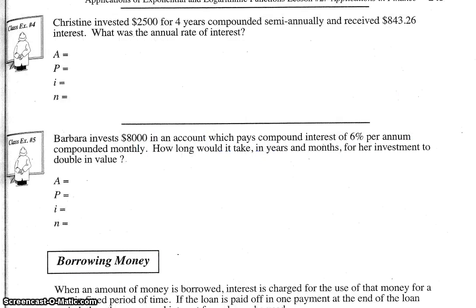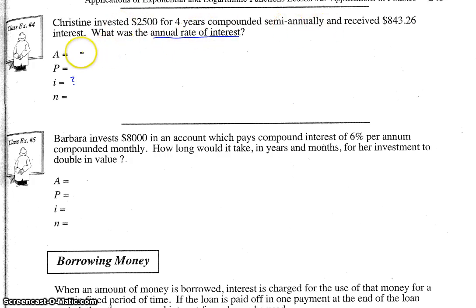Example 4. Christine invested $2,500 for 4 years, compounded semi-annually, and received $843.26 in interest. What was the annual rate of interest? So that is connected to our I, not directly, but because I is our interest rate per compound period, so we'll have to change it to the annual after we get it.